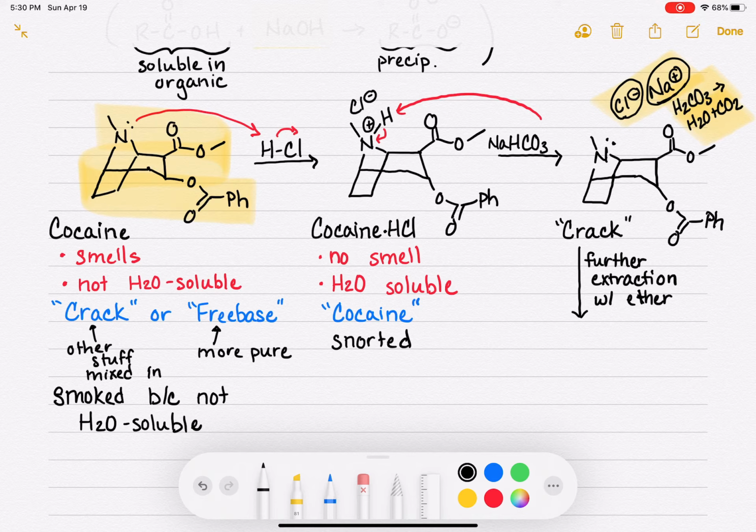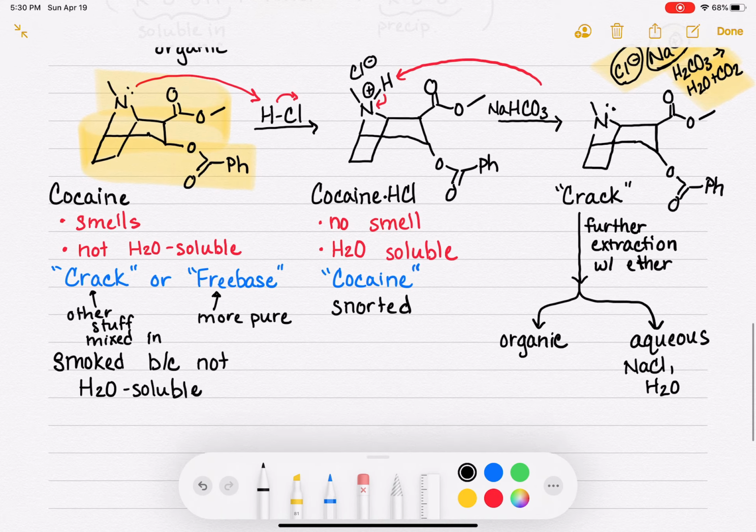Put some ether into your SEP funnel, shake it up, get 2 layers, drain out the organic layer, and drain out your aqueous layer. Your aqueous layer is going to contain your sodium chloride, if you have any baking soda, all that type of stuff, and you'll throw that away.